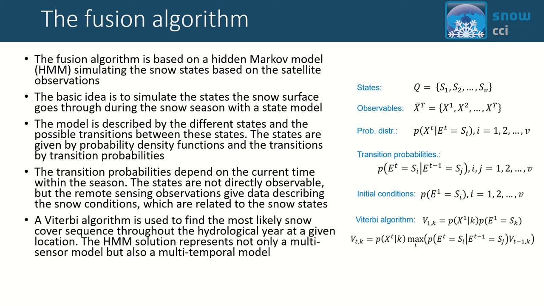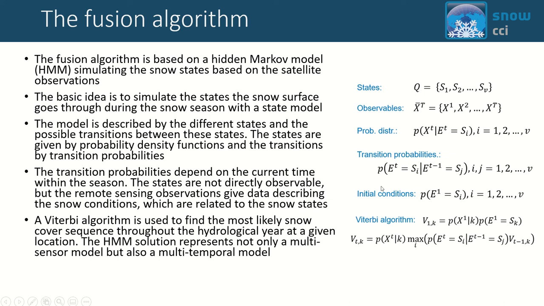The fusion approach is based on the hidden Markov model framework. So this is a sound statistical framework. It's based on training. So we are establishing by training the probability density distributions and the transition probabilities. And for this, we are using high accuracy optical data.